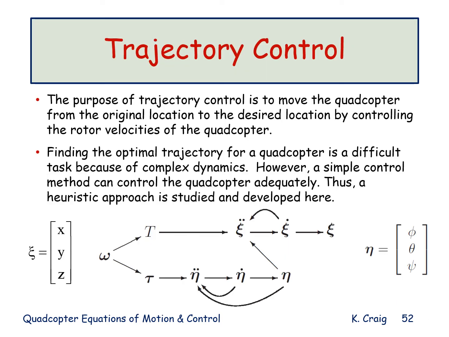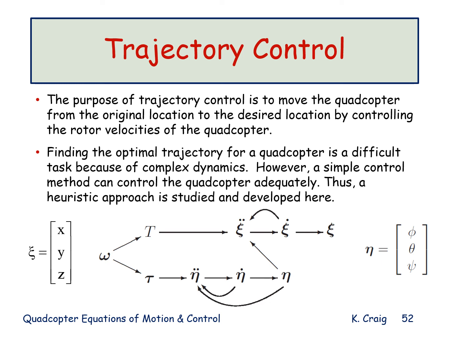We saw in the previous simulation, in keeping the quadcopter in a proper orientation, level with the ground, that it drifted in the X and Y direction. The altitude was controlled, but the X and Y motion was not controlled.